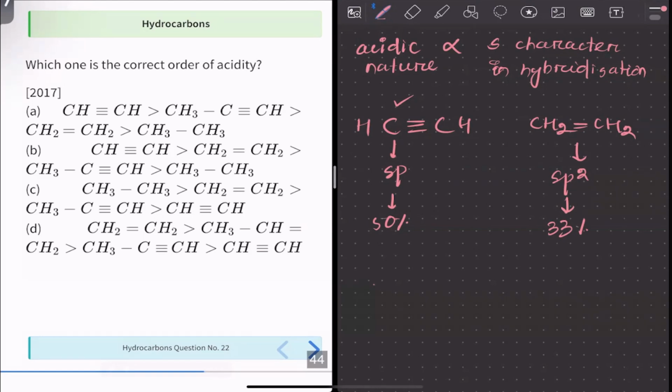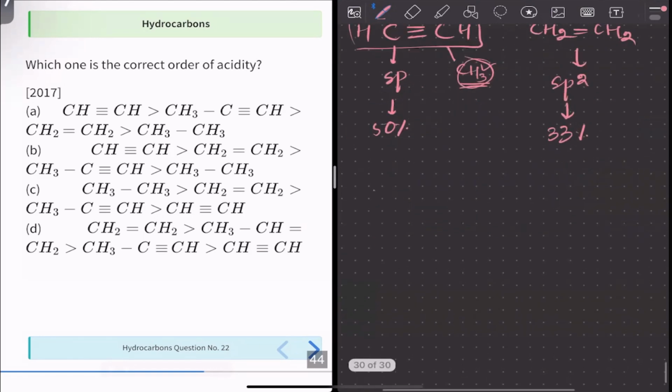But if there is a substitution, like an additional CH3 group here, what will you do? How will you decide which has more acidic nature, acetylene or propyne? You will know by removing the hydrogen atom. Let's compare acetylene with propyne and remove the hydrogen.